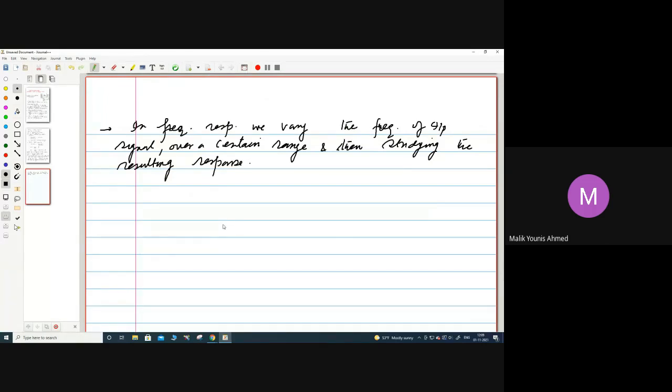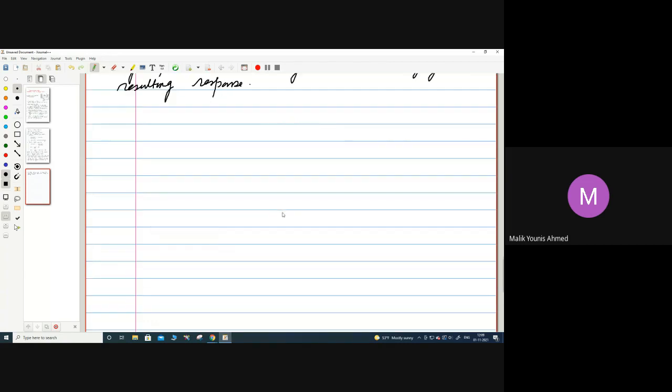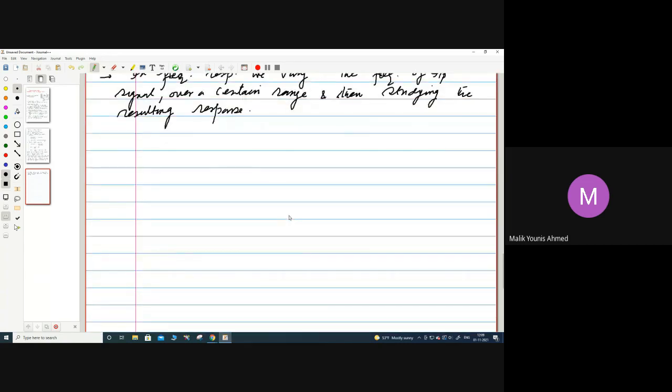Now let's move ahead and go directly to the polar plots. We have three plots: Nyquist, Bode, and polar. Polar is just a part of the Nyquist. I hope till now there is no problem.